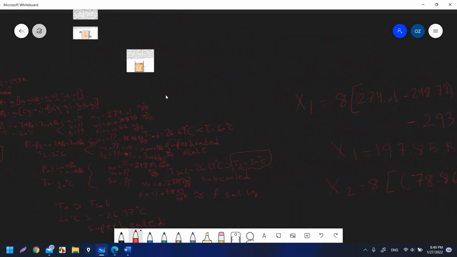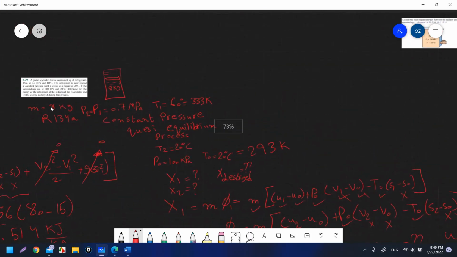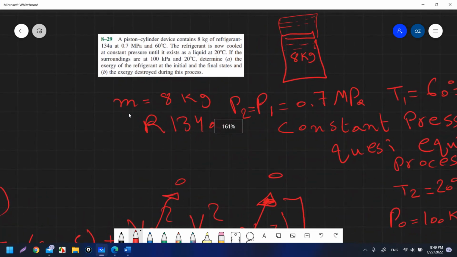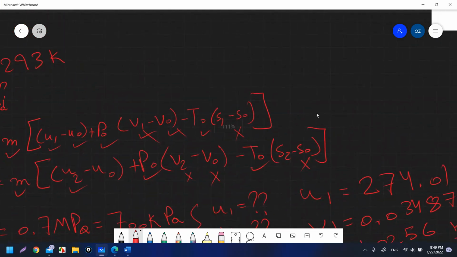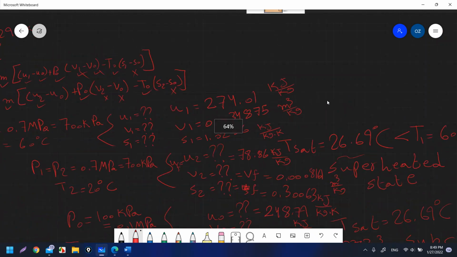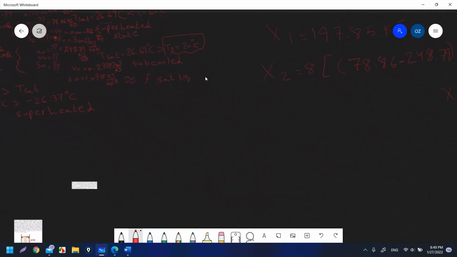The second part, they asked for exergy destroyed. We have two methods or two ways to find the exergy destroyed. X destroyed can be found by two ways.